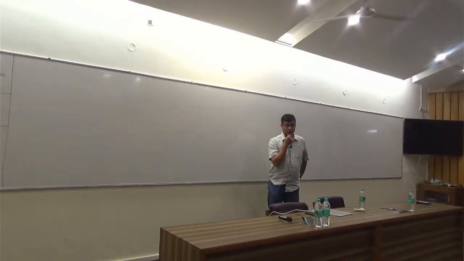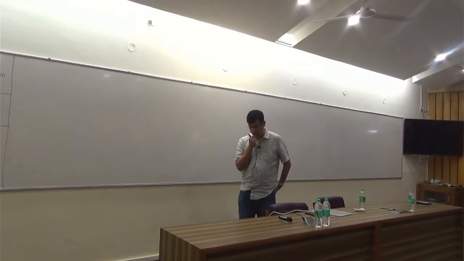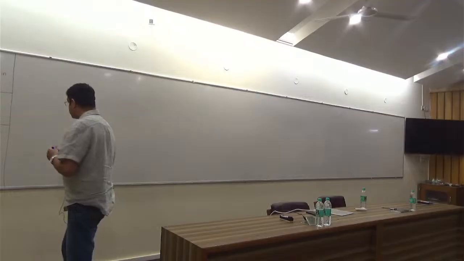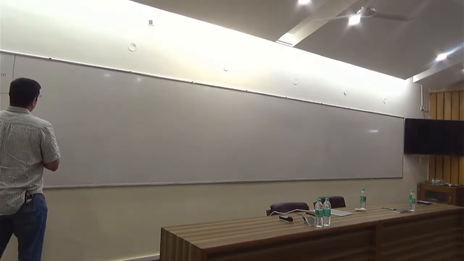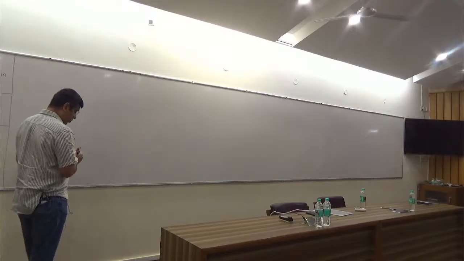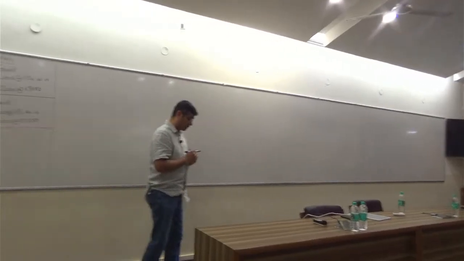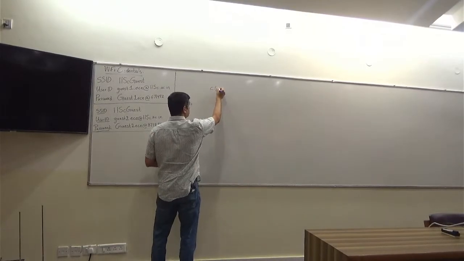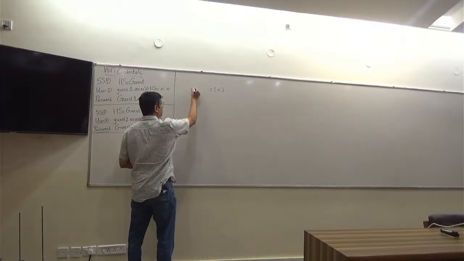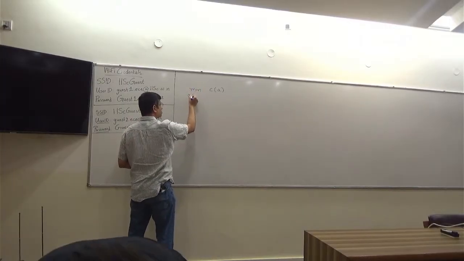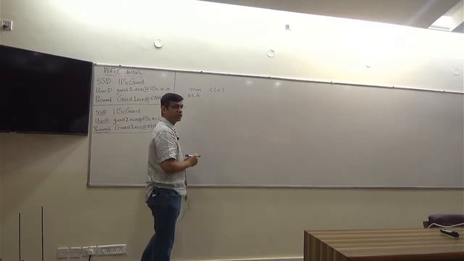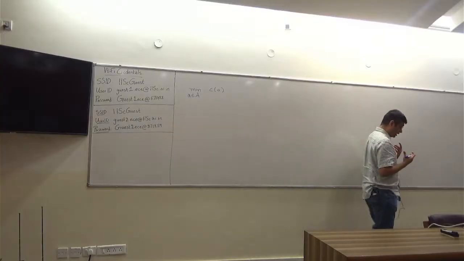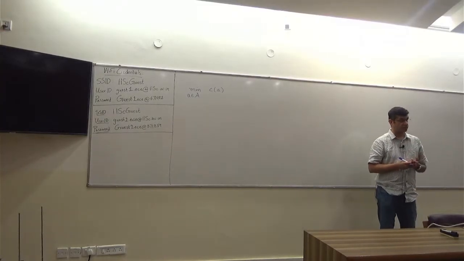Okay, so I'm going to start by taking a very simplistic view of optimization. So I'm going to say if I have a problem where I'm given a cost function which depends on some action, and I want to minimize this cost function by choosing an action in some action set A. This is a simple one-stage optimization problem.